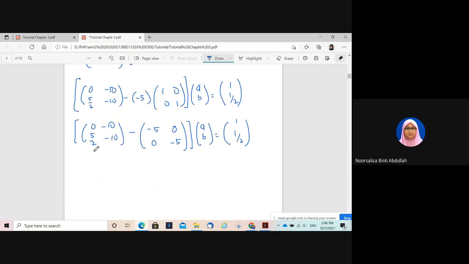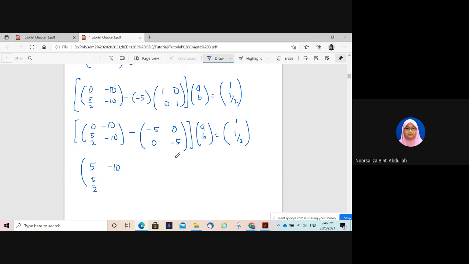So we solve this one inside the bracket first. What do we have here? 0 minus minus 5, so 0 plus 5 is 5. Minus 10 minus 0, so here minus 10. 5 over 2 minus 0, so here 5 over 2.